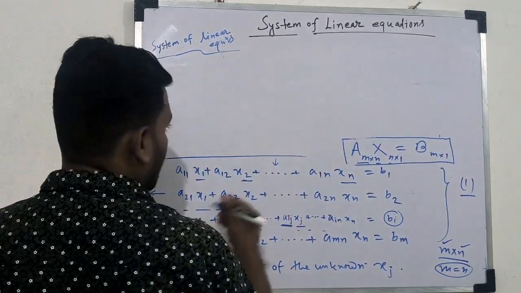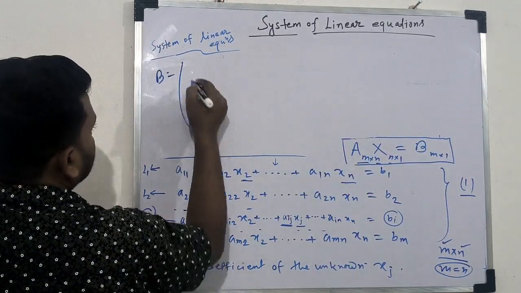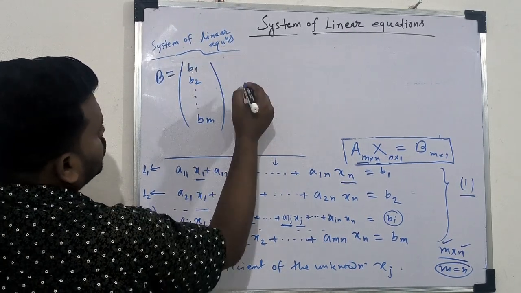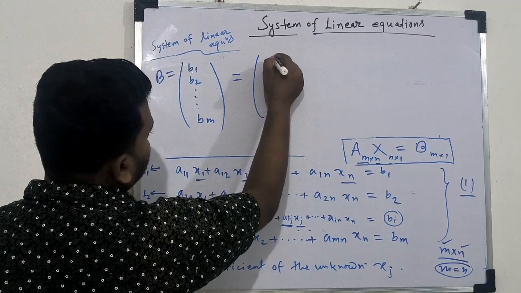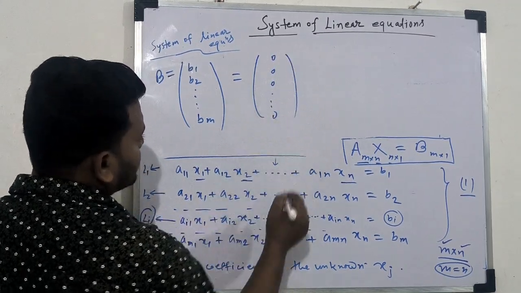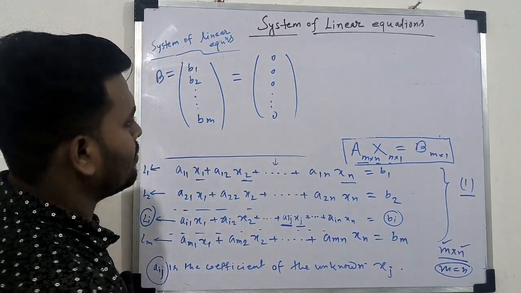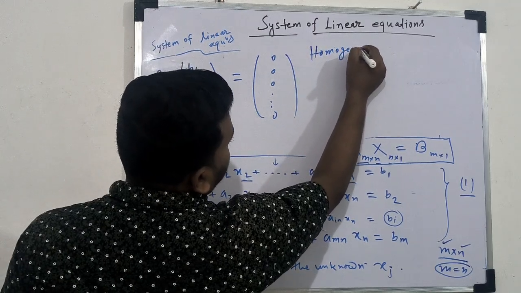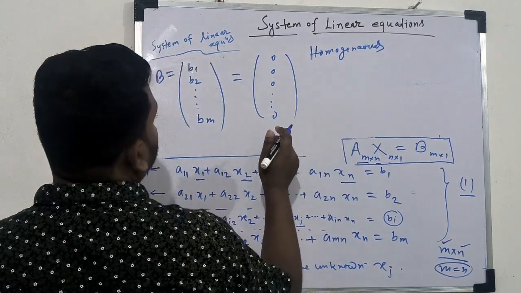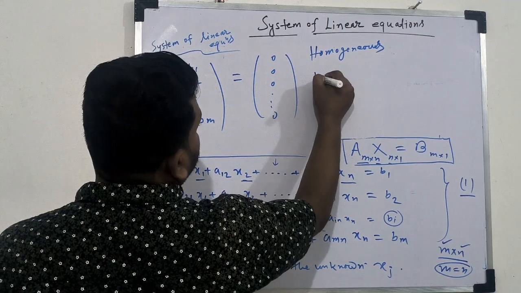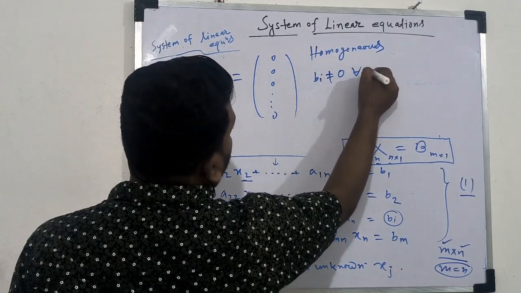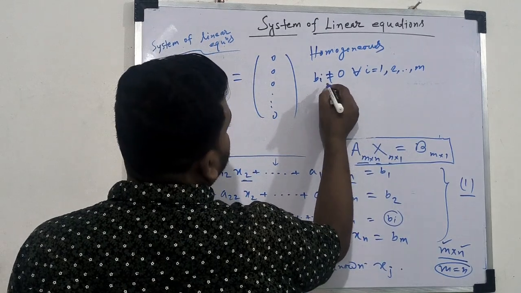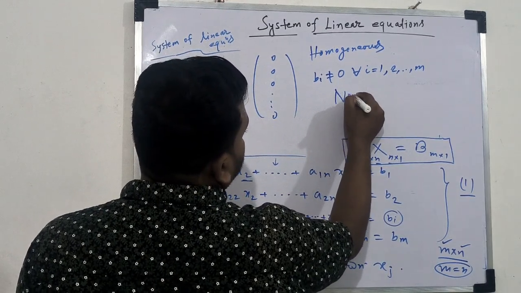If here b is b1, b2, ..., bm, and whenever this is 0, the system becomes homogeneous. And whenever bi is not equal to 0 for all i equal to 1, 2, ..., m, then the system becomes non-homogeneous.